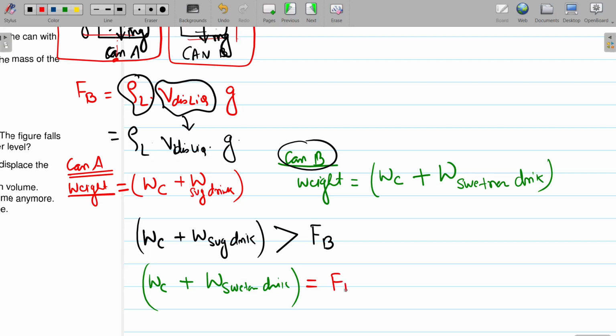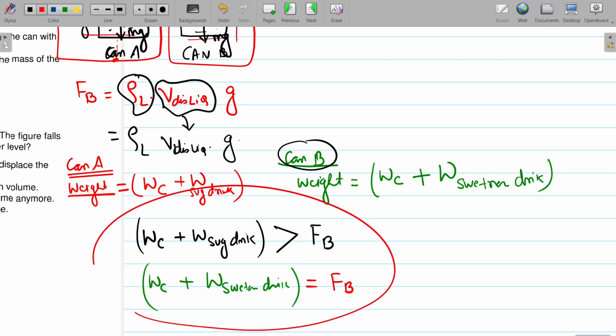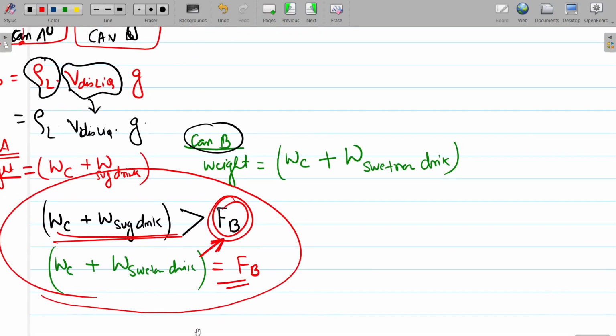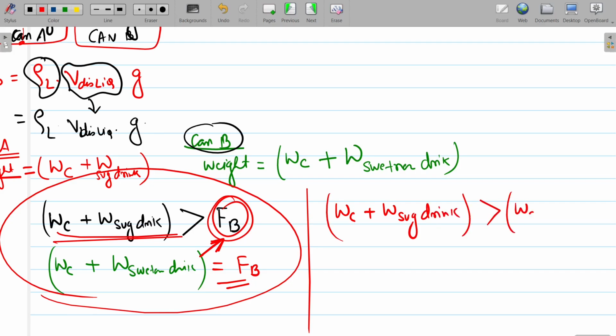Now compare. This quantity is greater than FB and this is equal to FB. In this FB, we can replace it with this one. So we can think that weight of can plus weight of sugar drink should be greater than weight of can plus weight of sweetener drink.